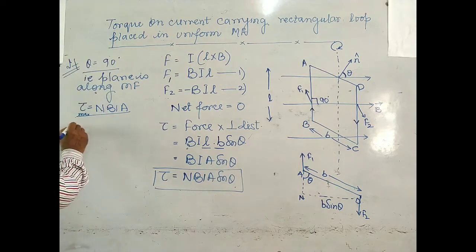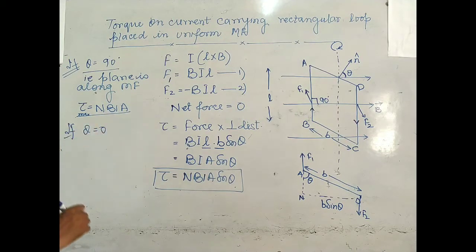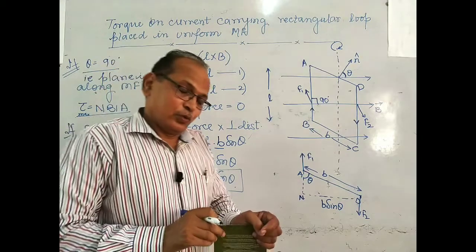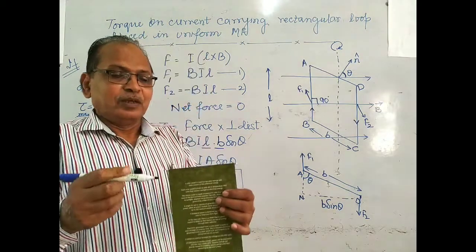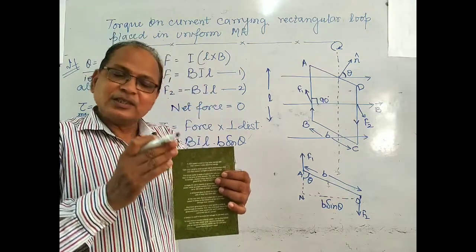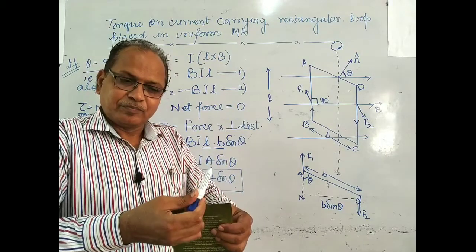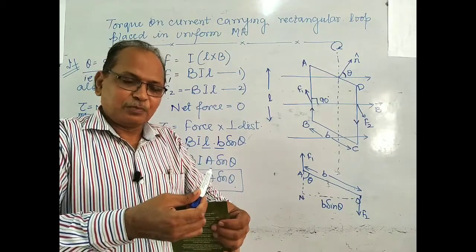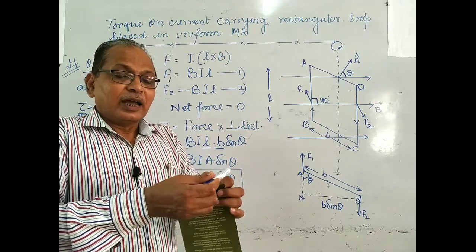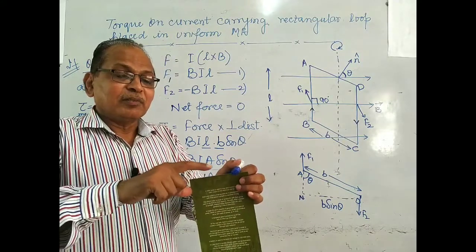Or you can say, if theta is equal to 0, what does it mean? Theta 0 means what? As we studied earlier, this is a plane, this is the normal of this plane, and these are the magnetic lines.